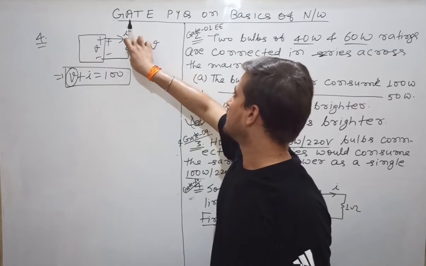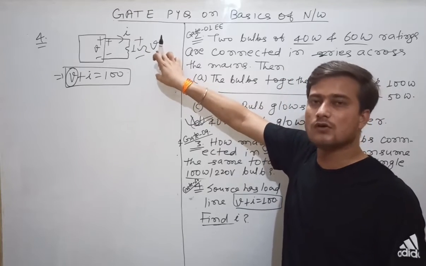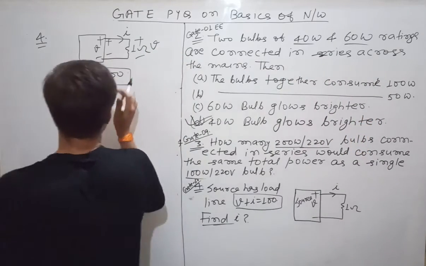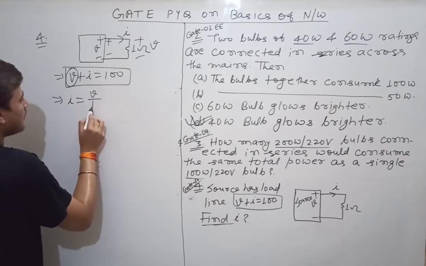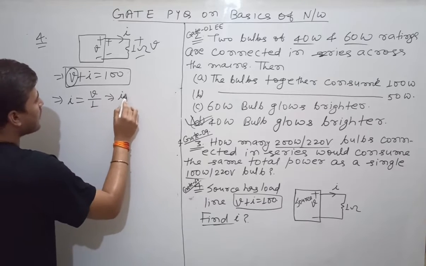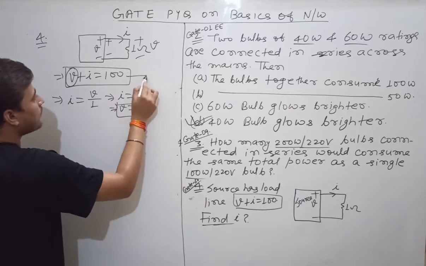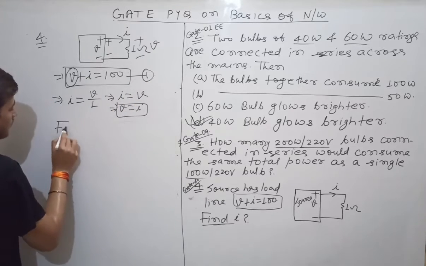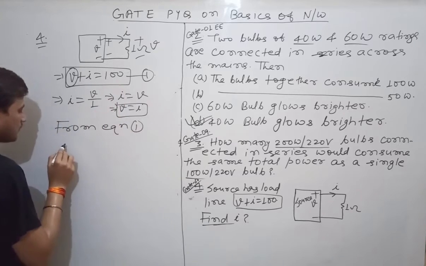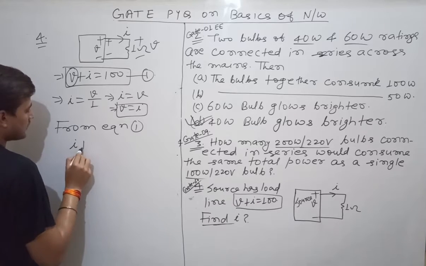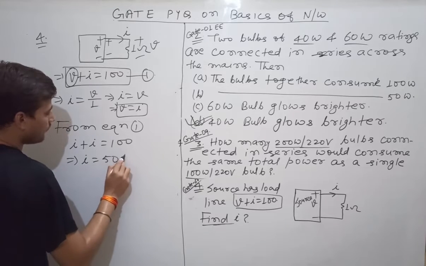So the voltage across the 1 ohm resistance is V. Current will be equal to voltage divided by resistance, so I is equal to V. Putting this in equation 1, it will become I plus I is equal to 100. From here I is equal to 50 ampere.